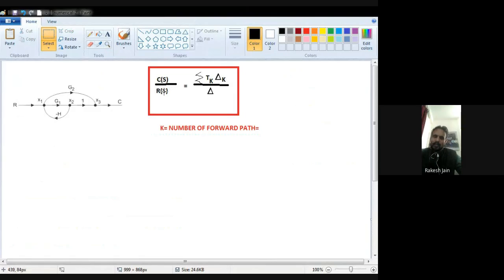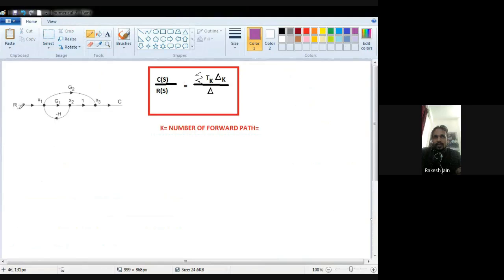For this question, the input side is R and the output side is C. So C upon R, or CS upon RS, we have to calculate. So the first step is to find the number of forward paths k.